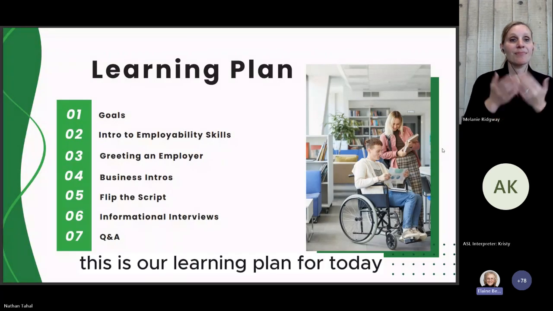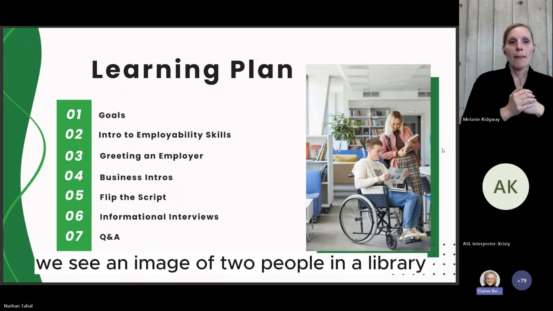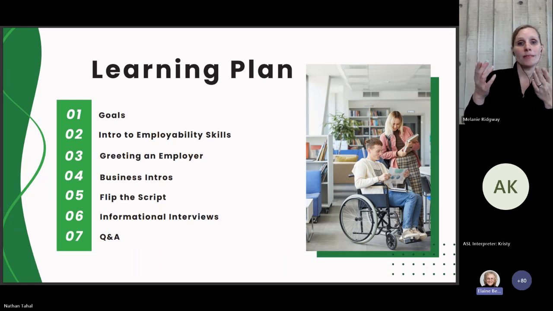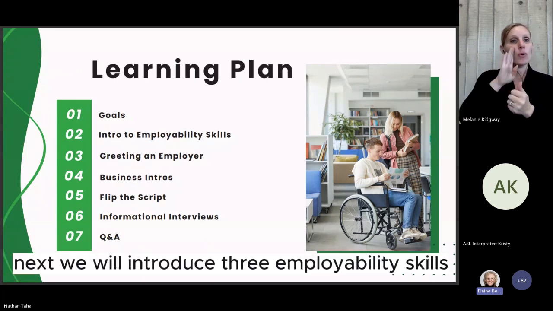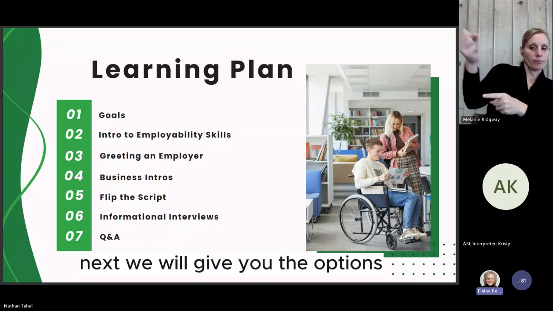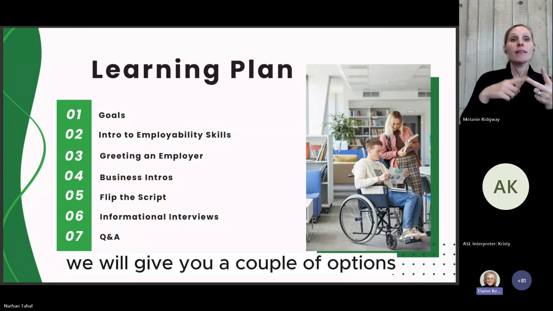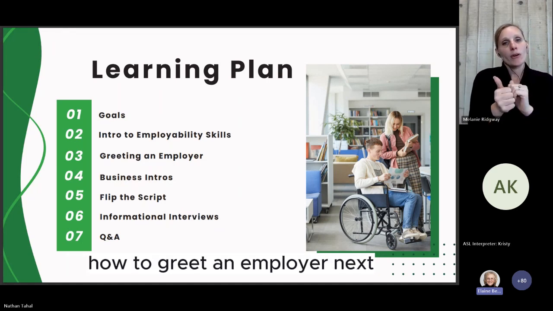This is our learning plan for today. We see an image of two people in a library. First, we are going to start with the learning goals. Next, we will introduce 3 employability skills. Next, we will give you the options. We will give you a couple of options how to greet an employer.